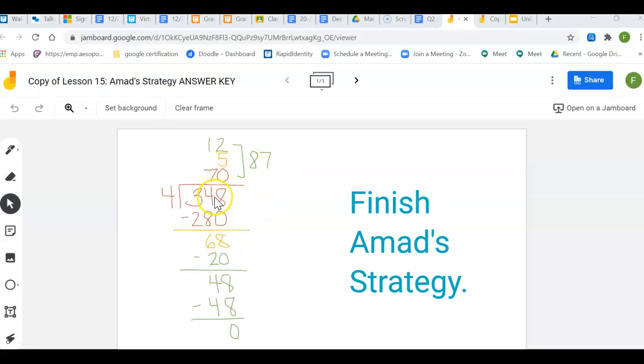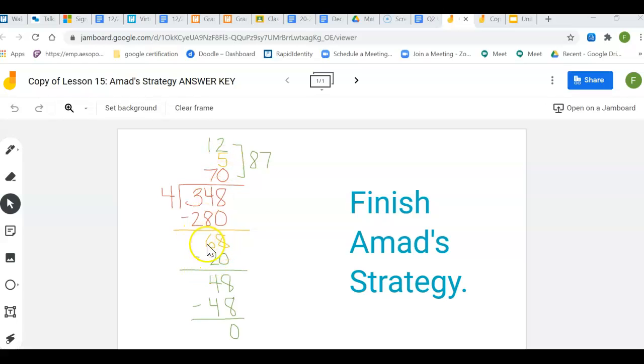And each time I multiplied. So the red, 4 times the 70 was 280. Then I had to do a subtraction. These steps keep repeating themselves, guys, until you get to 0. When I subtract 348 minus 280, I get 68. So next, 4 times what number is equal to or close to 68, and it is 5.